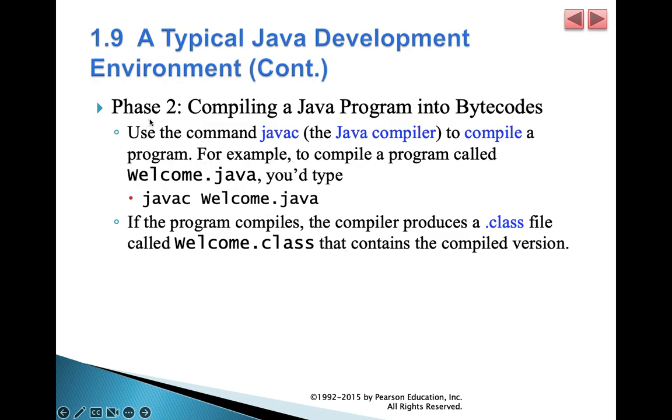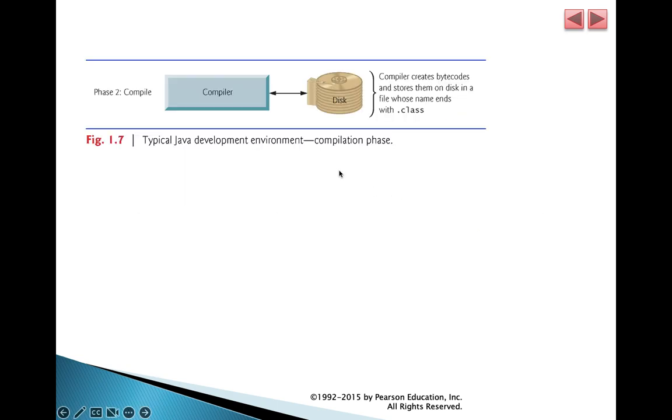After that you need to compile. The Java compiler will convert the source code into .class code, which is called bytecode. When you compile the code, if it was correct, it will be stored as .class.